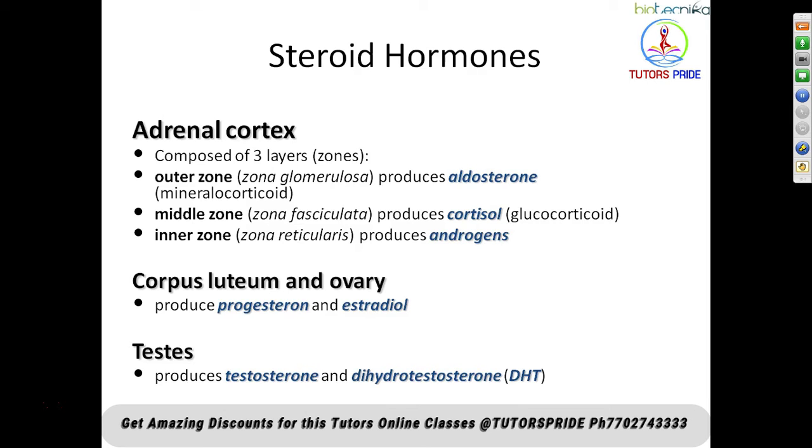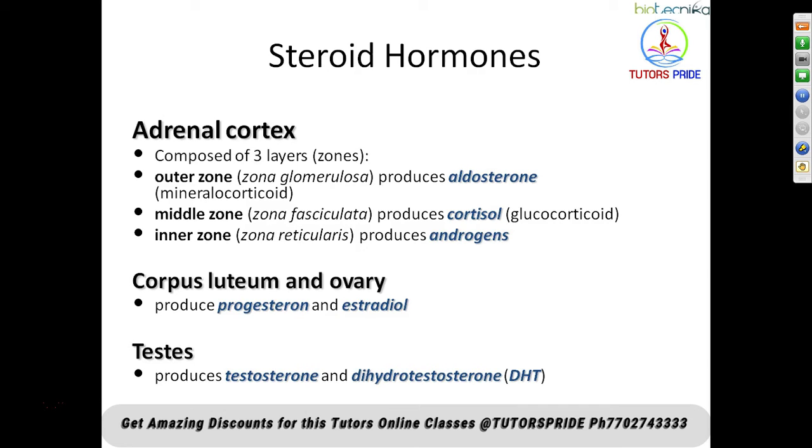So the outer zone is secreting aldosterone. It is producing aldosterone, that is a mineralocorticoid, as I told you, which helps in different regulations of your minerals or fat or carbohydrate. Then the middle zone is known as your what? Fasciculata, and it is producing cortisol. That is known as your glucocorticoid.